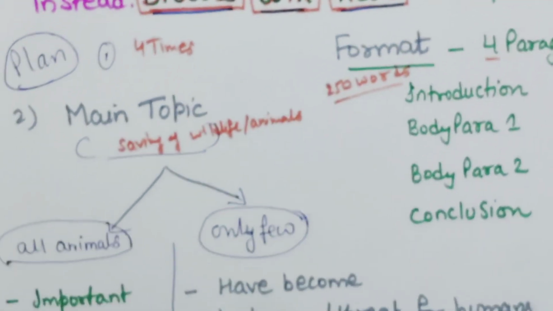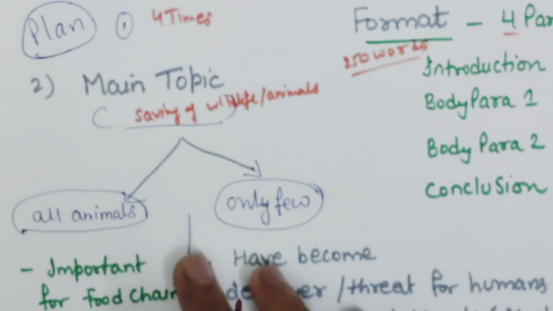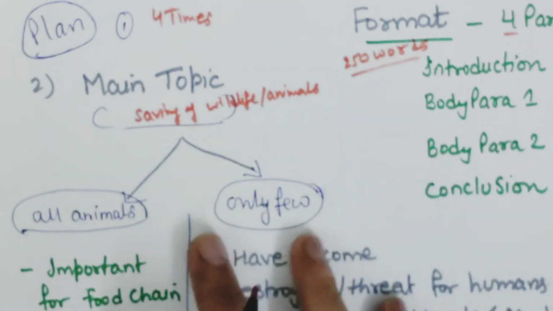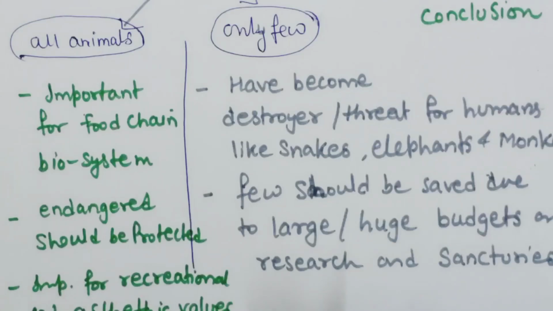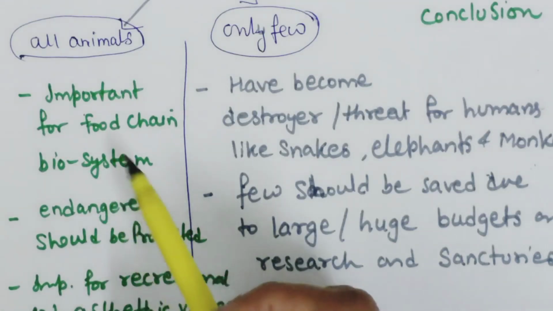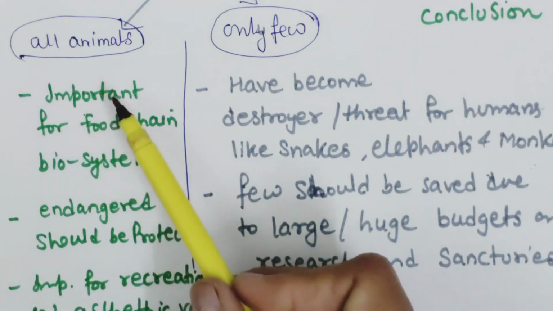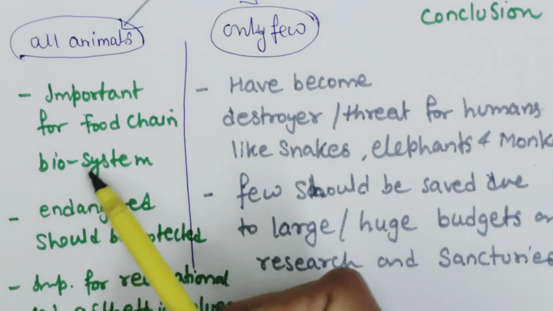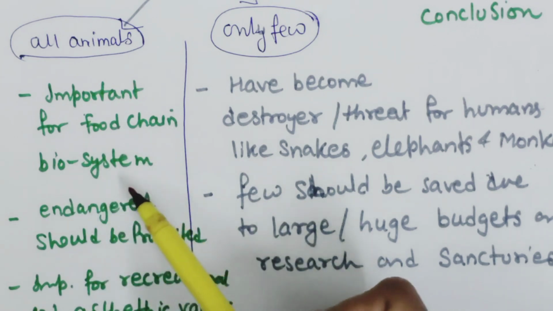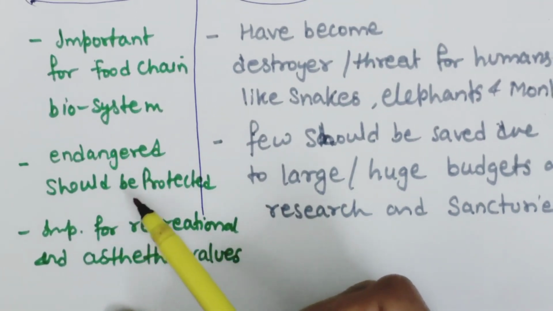Now in body paragraphs 1 and 2, the points we are going to write you need to plan in advance. Here you can see I have written: those who are saying all animals should be protected, why? Because we all know all animals are important for the food chain and for our ecosystem, and that's why endangered animals should be protected.